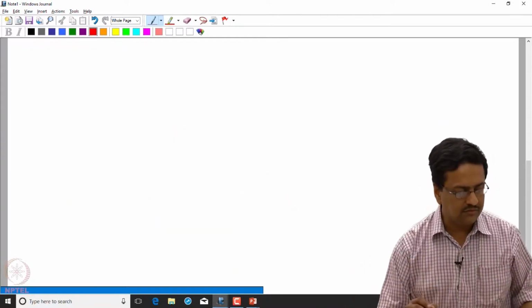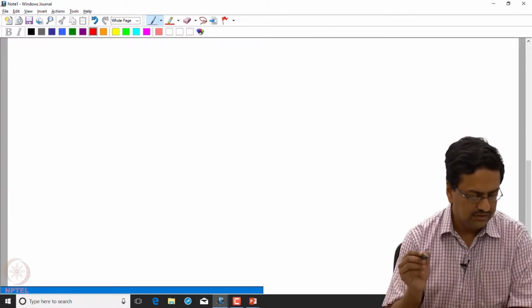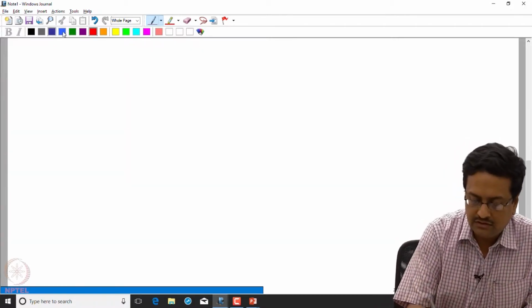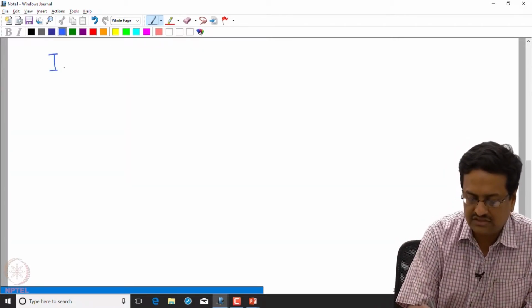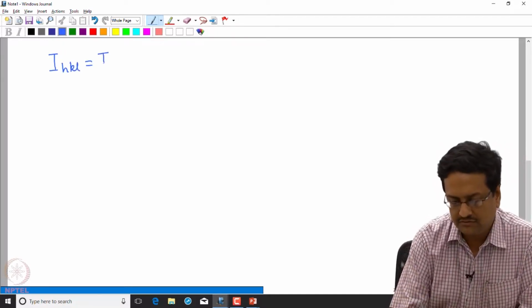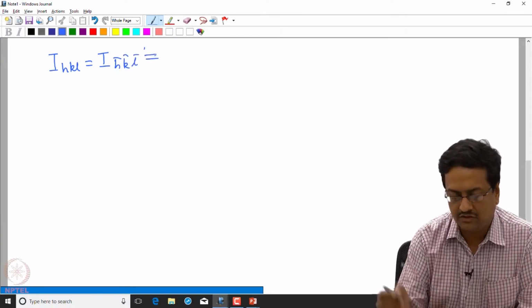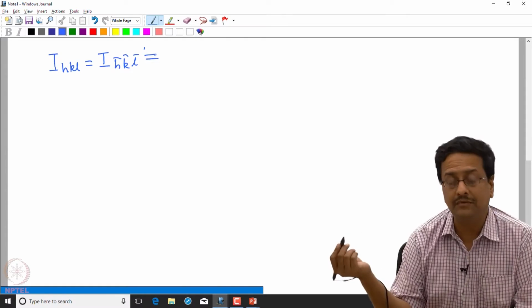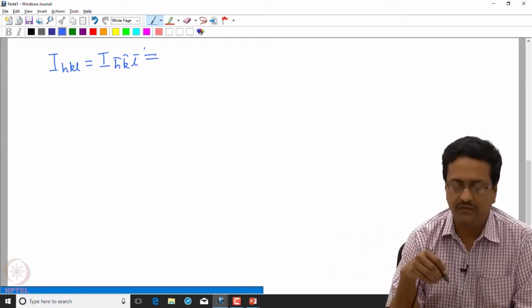In case of orthorhombic, what we know is that the reflections which are HKL corresponding Friedel opposite I H bar K bar L bar, and orthorhombic has mirror symmetry, that is MMM symmetry in the Laue group.